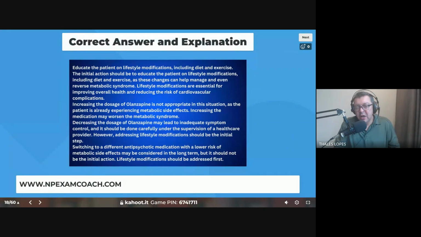You want to first offer an exercise or lifestyle change before you do any kind of medication change. It's so hard to get a patient stabilized. You do not want to risk switching the meds due to metabolic syndrome or other things. If it's stabilized, try to do a lifestyle modification first.